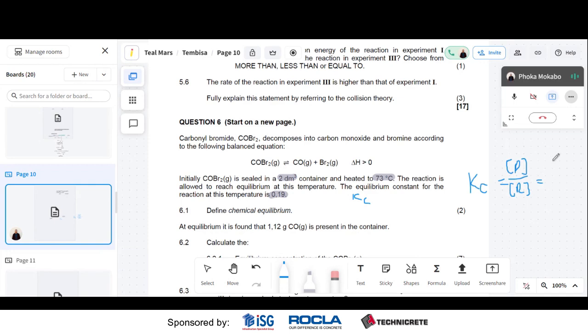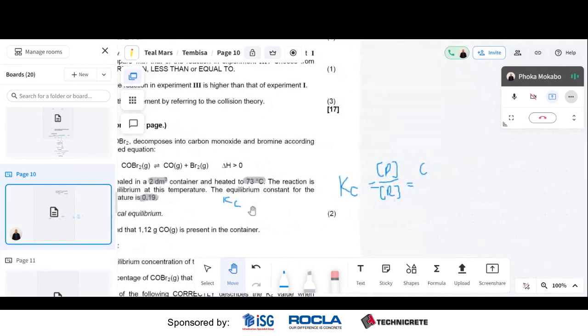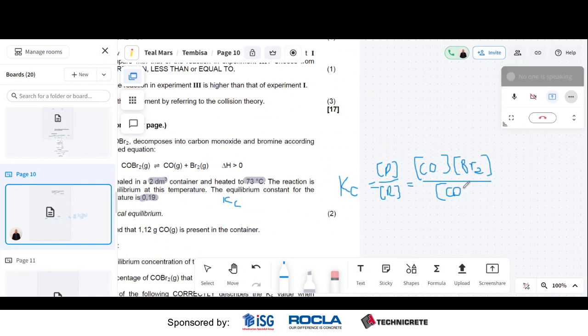In this specific case, for our products, we are looking at the concentration of CO multiplied by the concentration of Br2, and that is all over the concentration of COBr2.